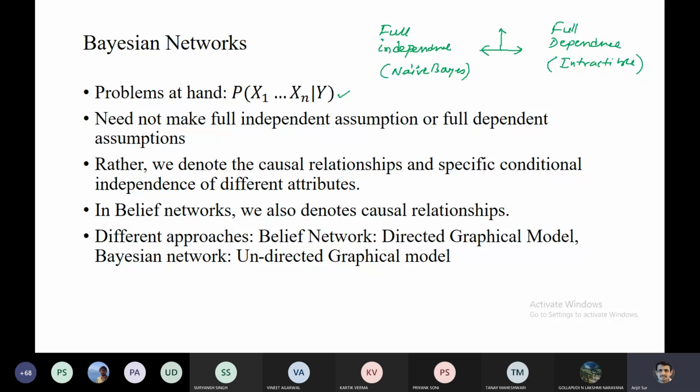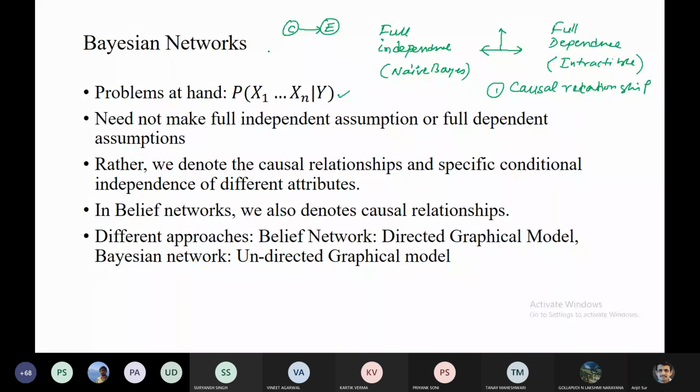How do we go in between? One statement we have to understand is called causal relation. A causal relationship is a cause-effect relationship.